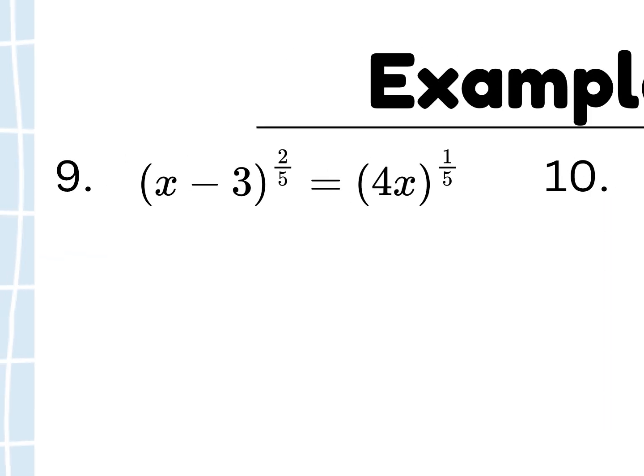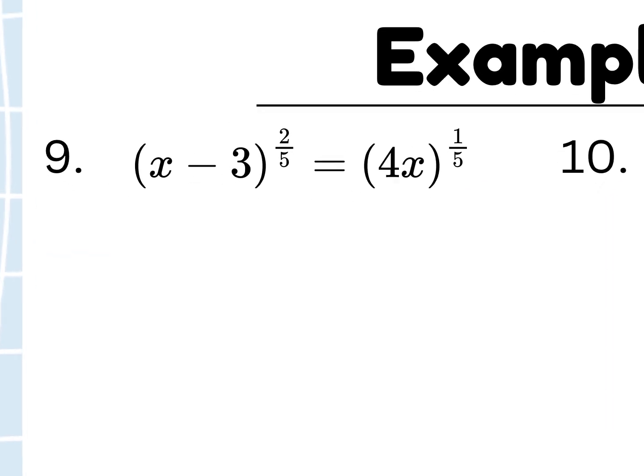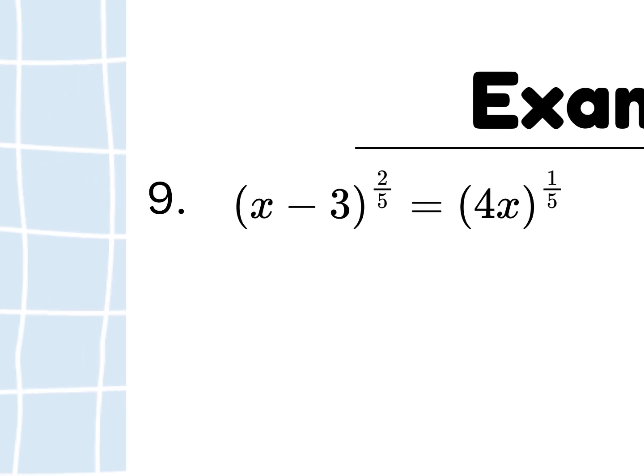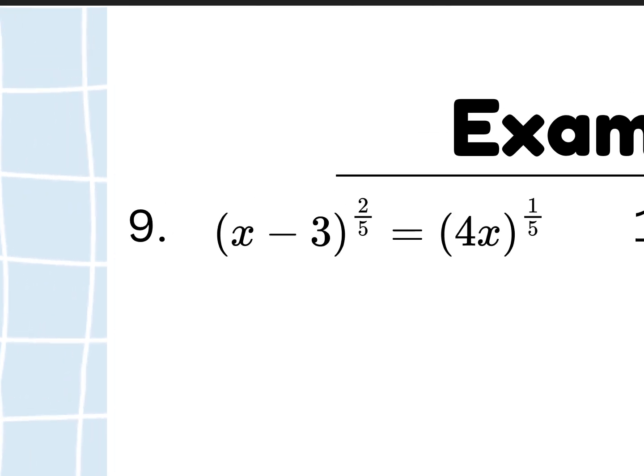All right, look at this first one. Do you see how you have a fractional exponent? Yes or no? Okay, what this is saying, you don't have to write this down, but what this is saying is, if I were to rewrite this as a radical, what does this number become? It becomes the root.